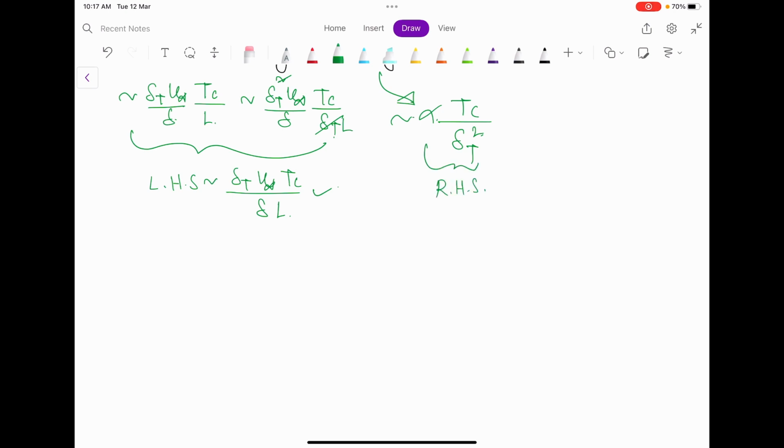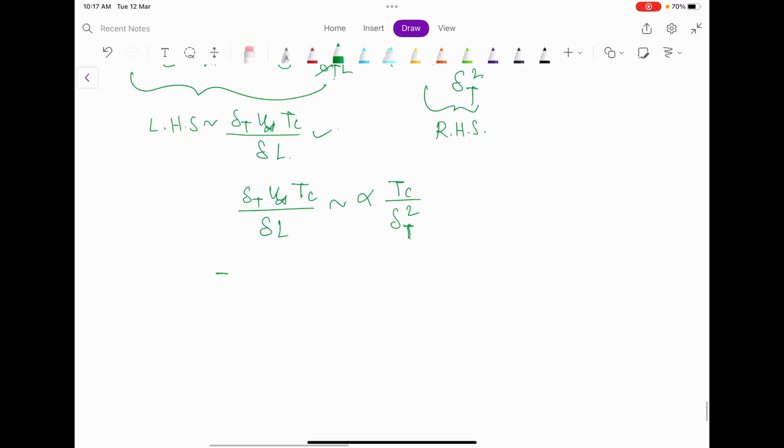So RHS scale should match with LHS scale. So delta t u infinity Tc by delta into L is alpha Tc by delta t square into L, and we have to get the delta t.